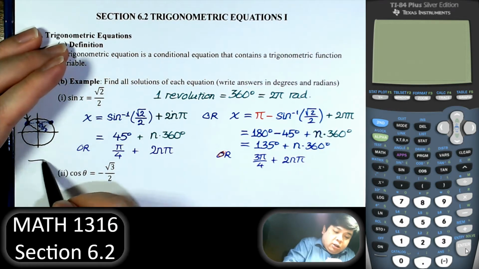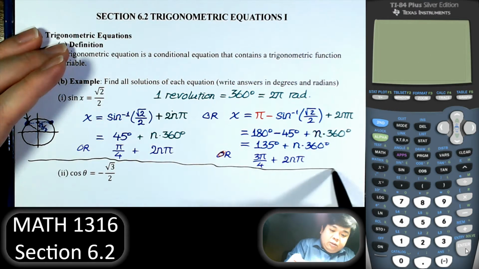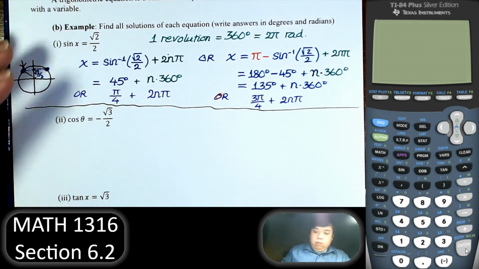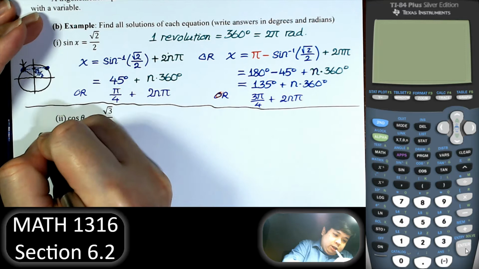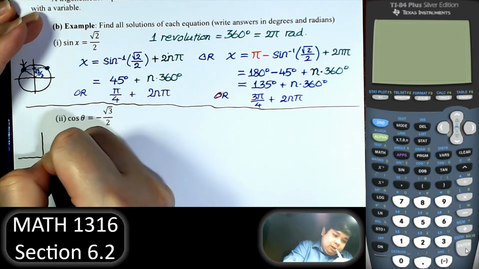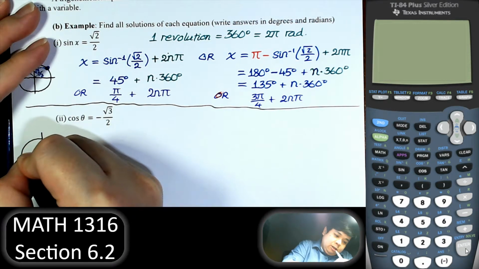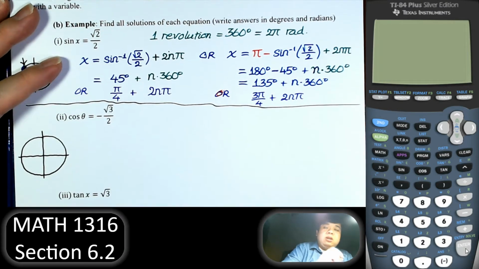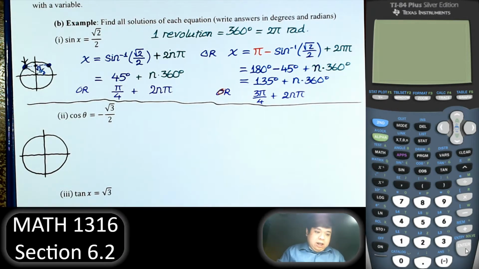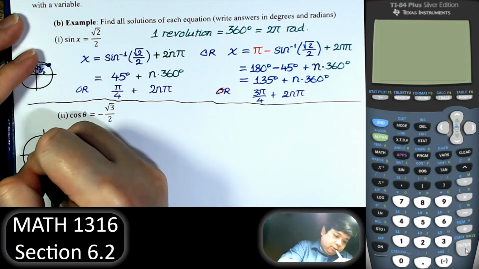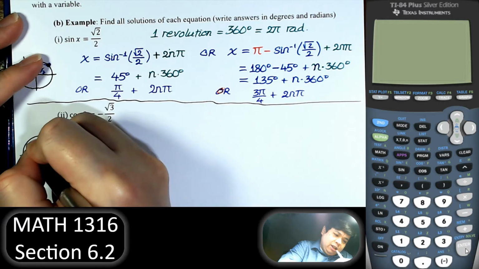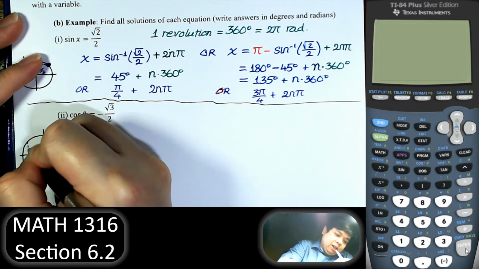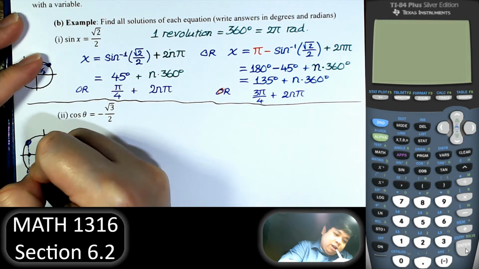Now let's look at the equation involving cosine. Now we wrote a unit circle. Cosine of an angle is the x value. The x value in this case is negative square root of 3 over 2. Let's see about that. These 2 points will have the same x values.